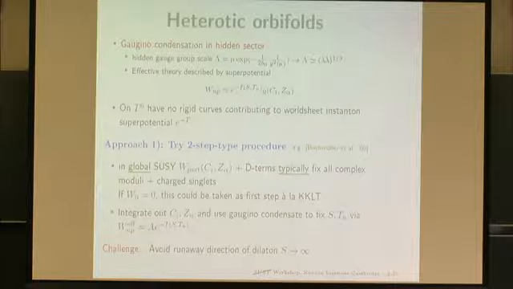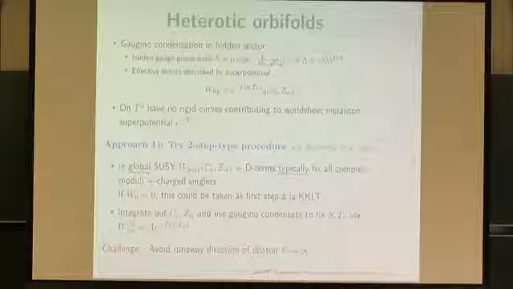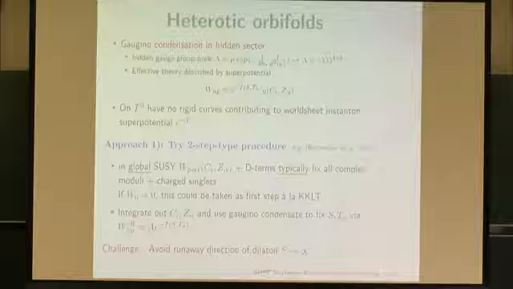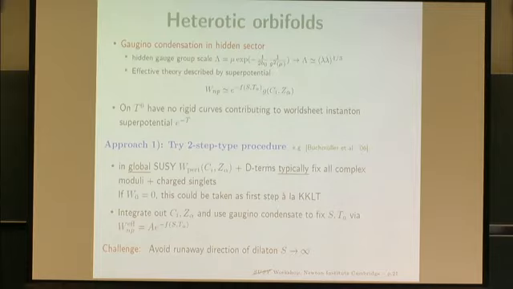The logic is that if we work in global supersymmetry, then typically the perturbative superpotential and the D terms fix all complex structure moduli and charge singlets in a supersymmetric fashion with W0 equals 0. So this is the typical assumption, which can be made more concrete at varying levels of detail in the literature.